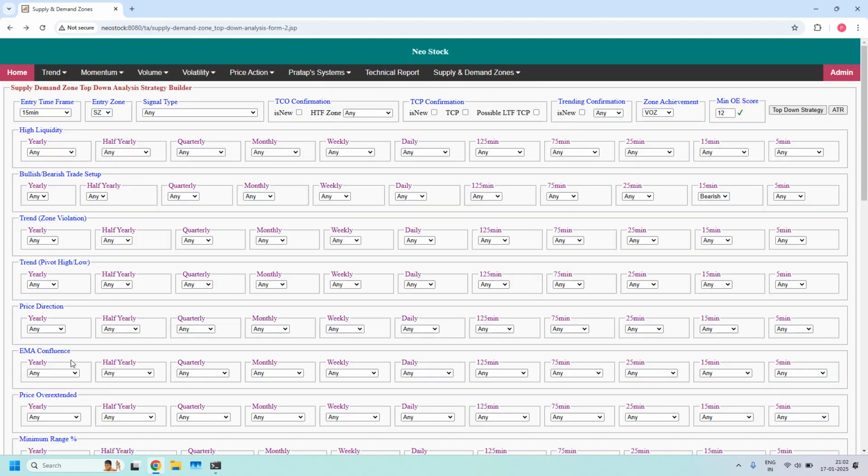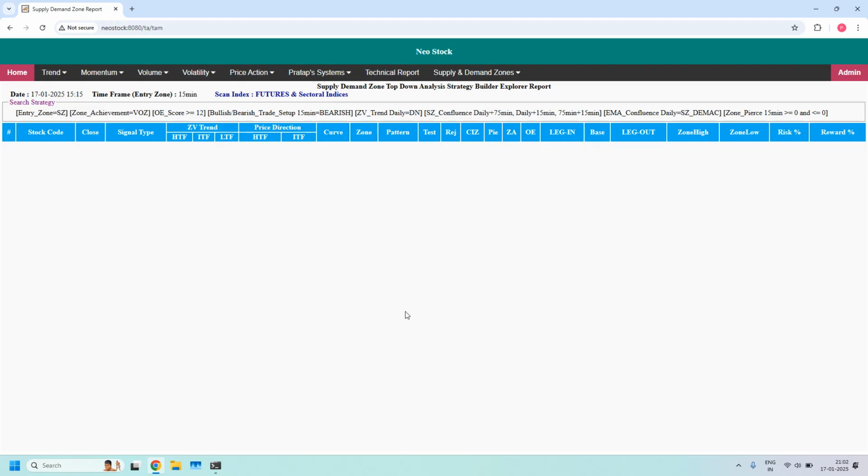So in the EMA confluence at a daily time frame, daily supply zone having daily EMA confluence filter is enabled. In the trend at a daily time frame, I am selecting downtrend because HTF trend should be downtrend while setting EMA confluence. So we don't have any EMA confluence supported stocks as per HTF zone confluence.